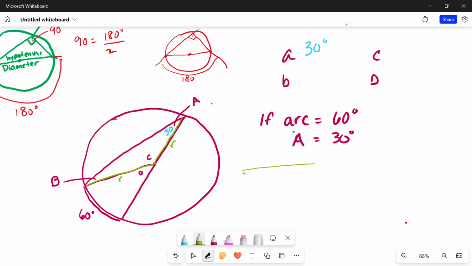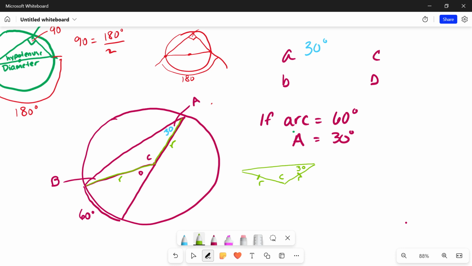Here's C. Here's my A that's 30 degrees. I know that this is the length of a radius and this is the length of a radius. Therefore, this side of the triangle is equal to this side of the triangle.